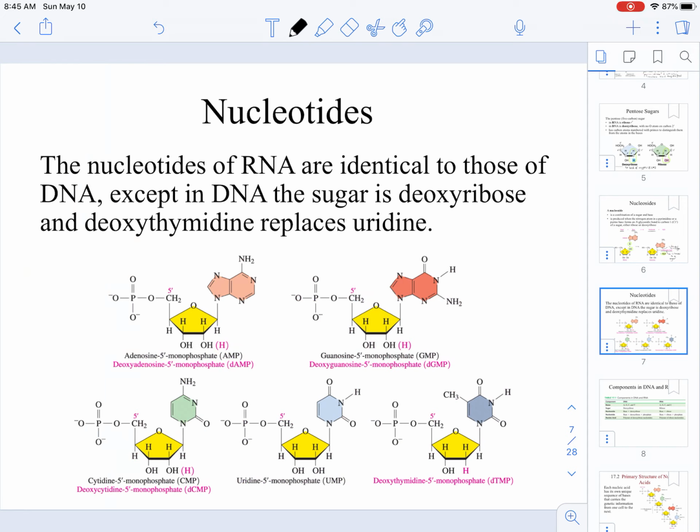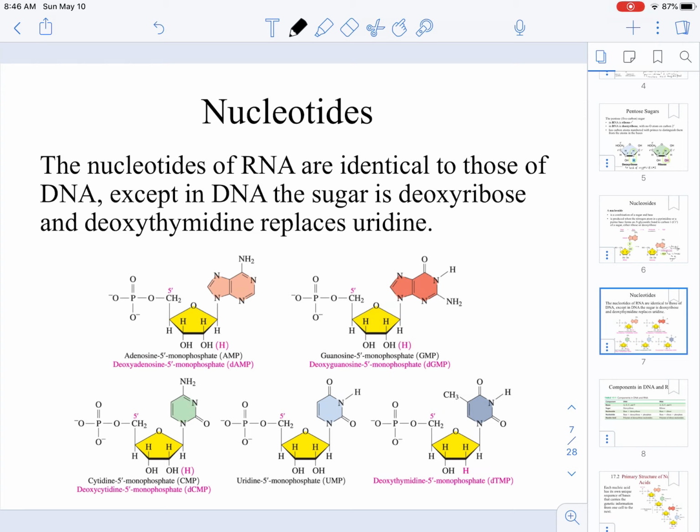Now, you may ask yourself, what is the difference between a nucleoside and a nucleotide? The difference is the presence of that phosphate group on the 5' carbon in the sugar motif. Understand that the nucleotides for RNA and for DNA are pretty much the same.